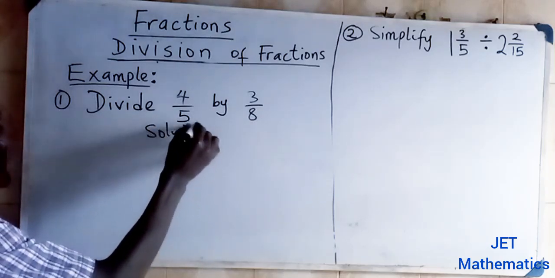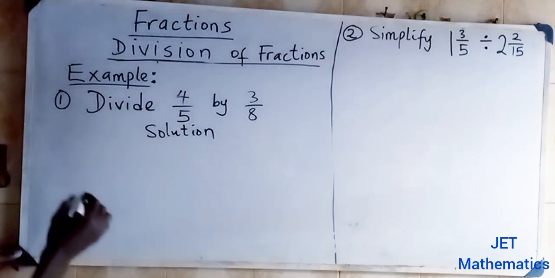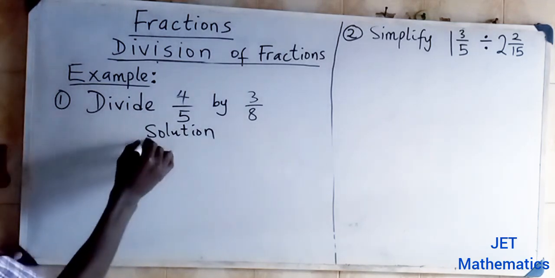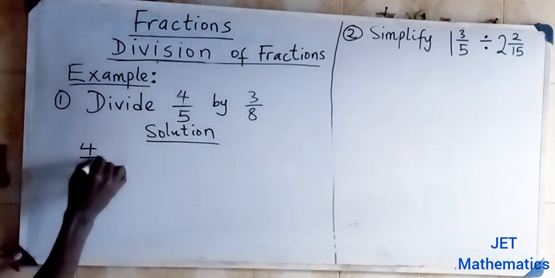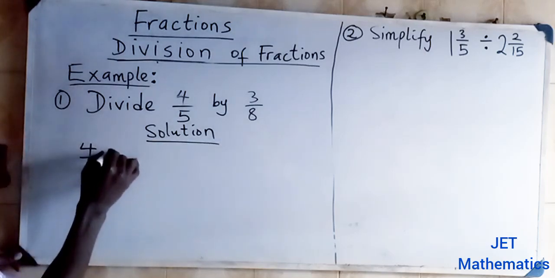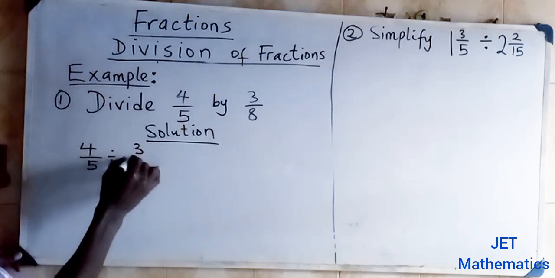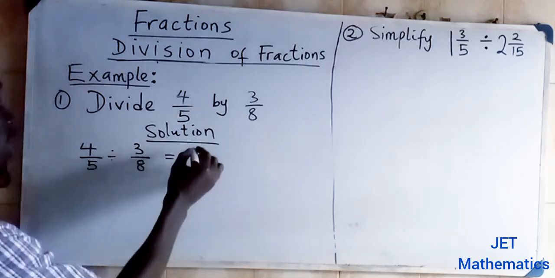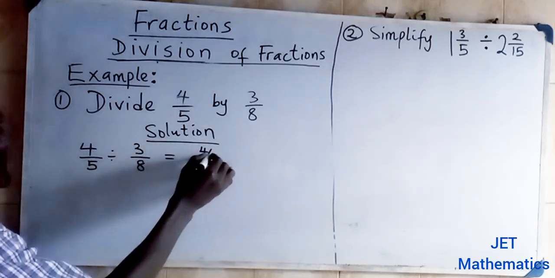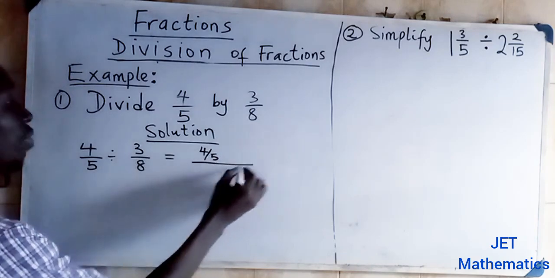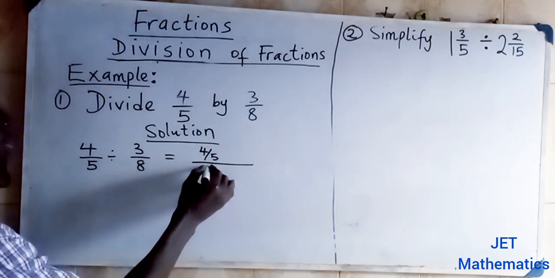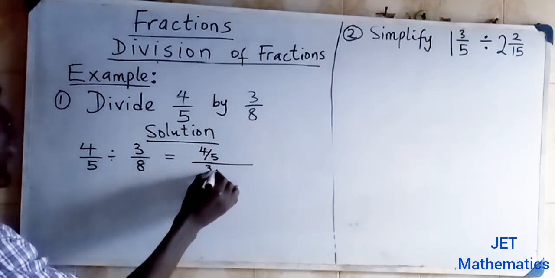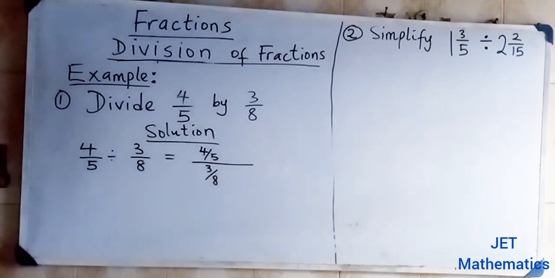Solution says divide 4 over 5 divided by 3 over 8. Now we can write this as 4 over 5 divided by 3 over 8.